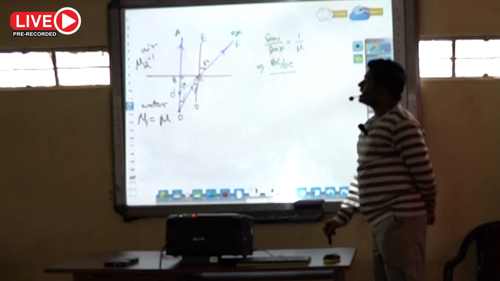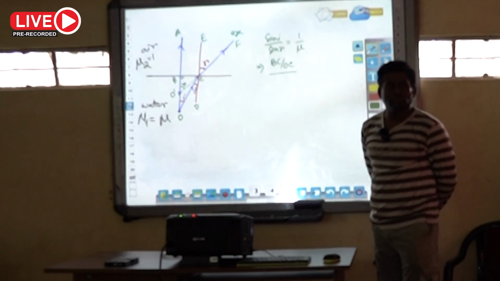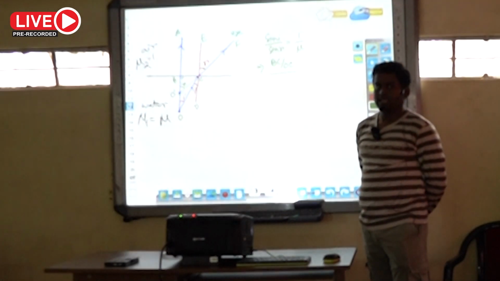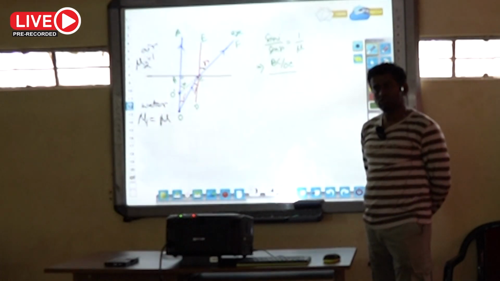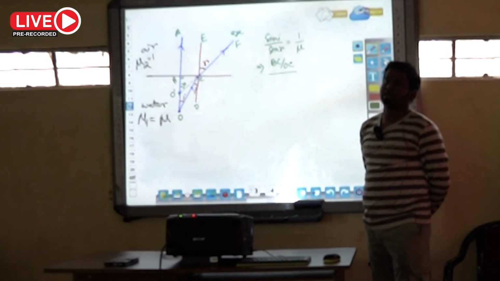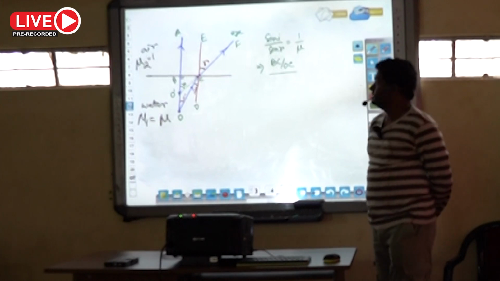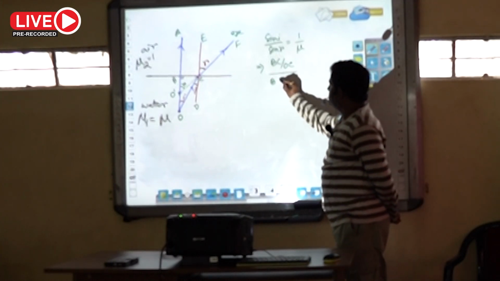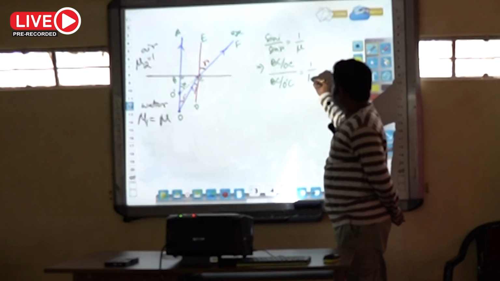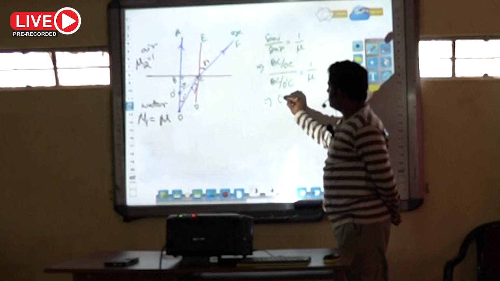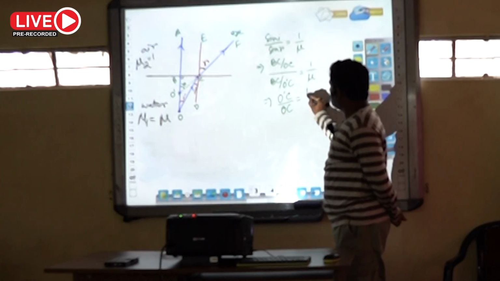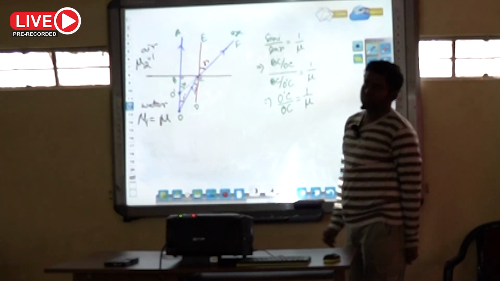Similarly, take the triangle O prime BC, that is also a right angle triangle. From that triangle, tell me what is sin R? BC by O prime C. So it will become O prime C by OC, that is equal to 1 by mu.